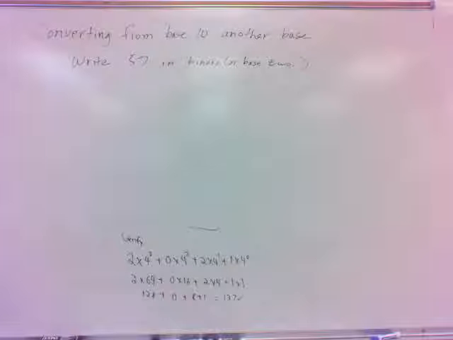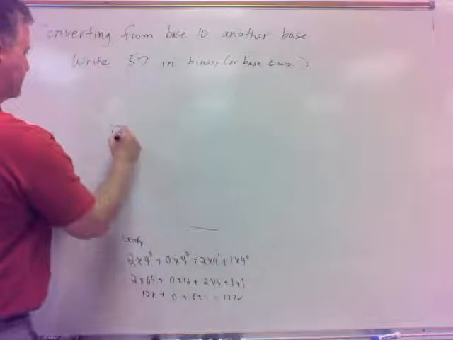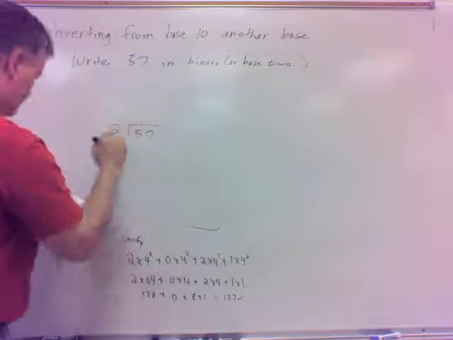Okay, so I'm going to base 2. So what do I do to convert it? Successively divide by 2. So I take the 57, successively divide by 2.